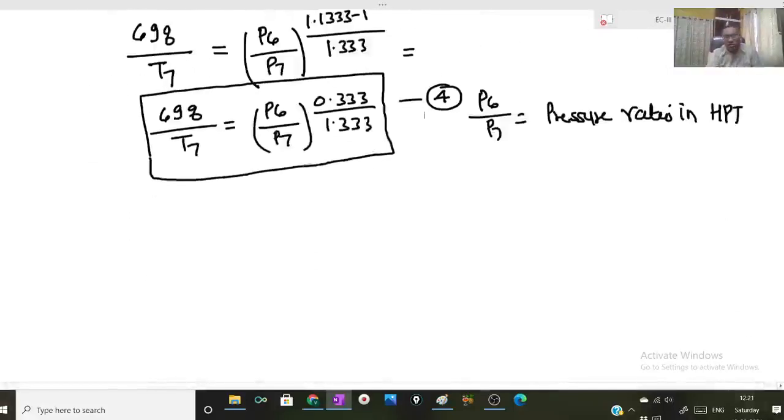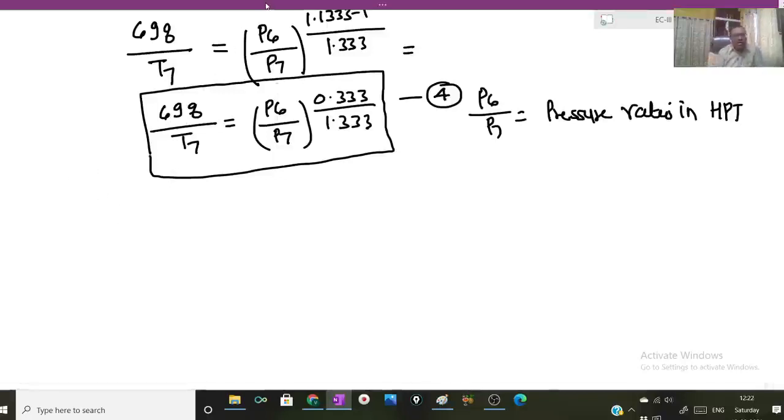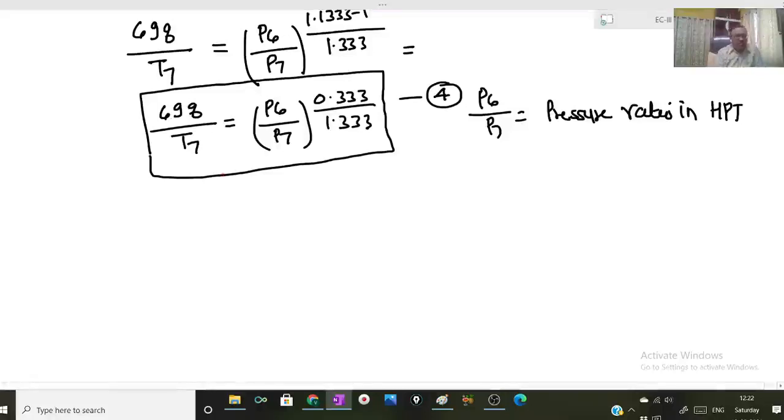Now how to solve this problem? Because neither the pressure ratio in the high pressure turbine nor in the low pressure turbine is given in the problem itself. Now to solve this problem, one very important piece of information is given in the problem.